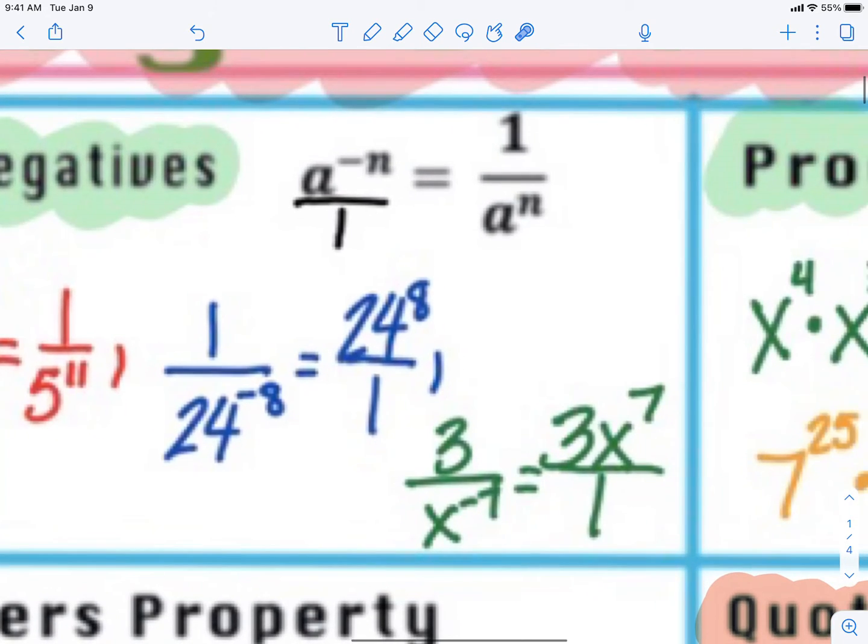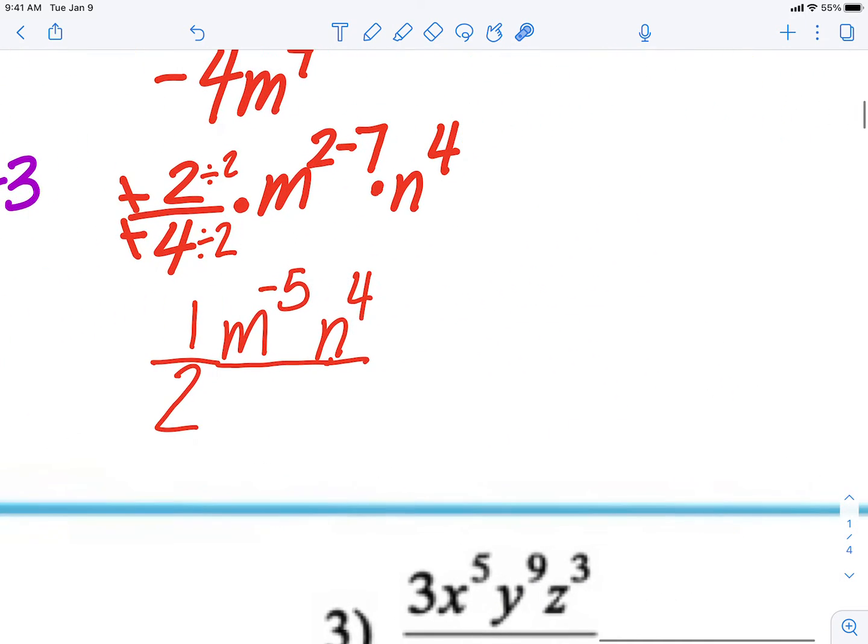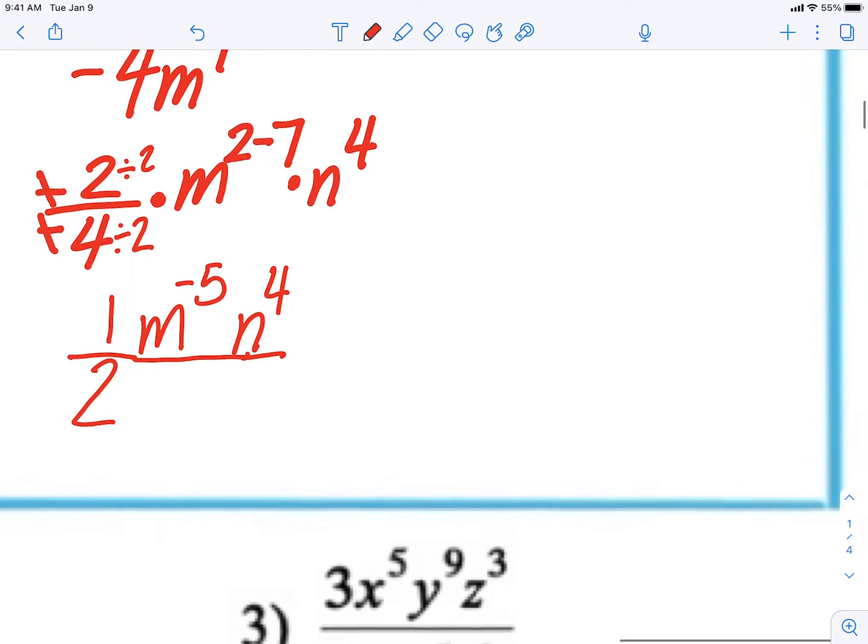Right? 24 to the negative 8 became 24 to the positive 8, and it went from the bottom to the top. So this m to the negative 5, I'm going to move it down so it could become m to the positive 5.